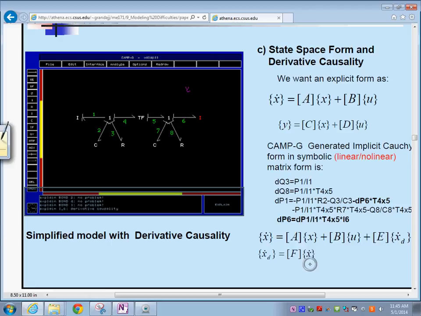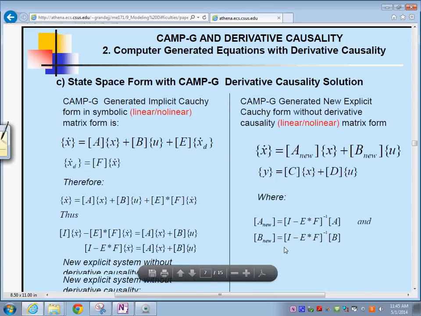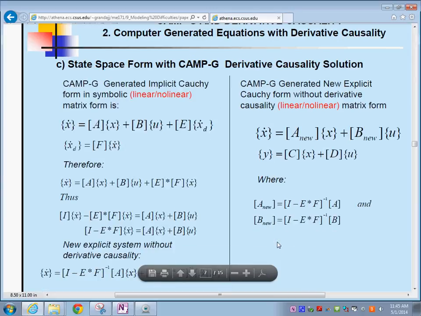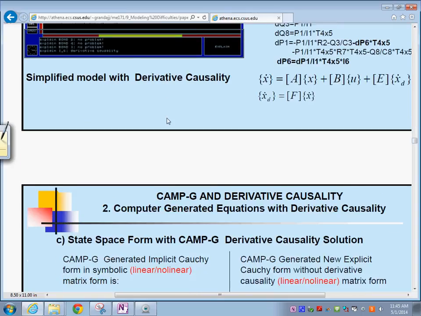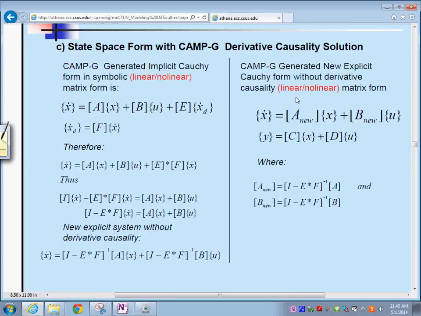Okay? So if that's the case, here's where we propose the solution. If you have the system in here, just like I did it on the previous slide, so that you see that we're talking about the same thing. In here you have that x dot is equal to Ax plus Bu plus EF.